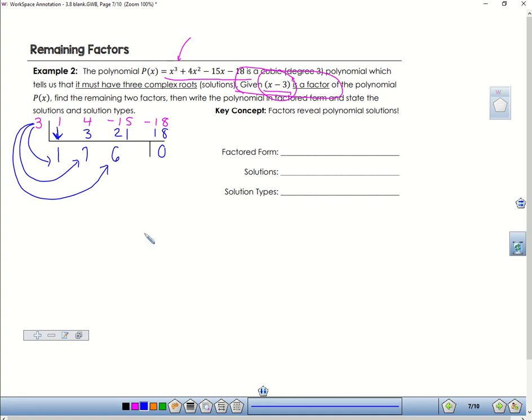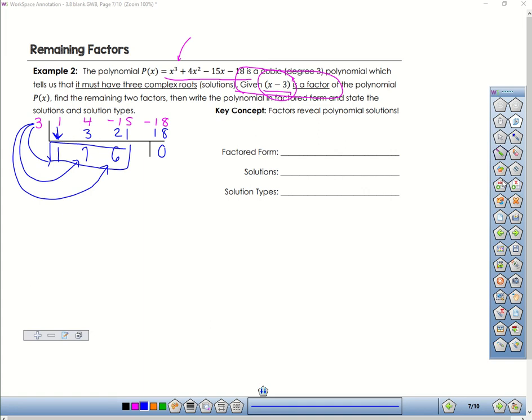Oh, I gotcha. Okay. So we expected the remainder to be 0 because we knew it was a factor. That's a given. When it's a factor, the remainder will always be 0. Now we need to write out what this means. So this right here, how would we write this as a polynomial?